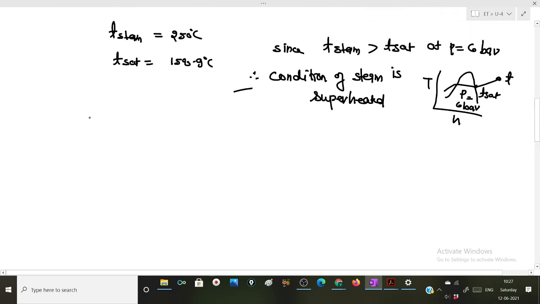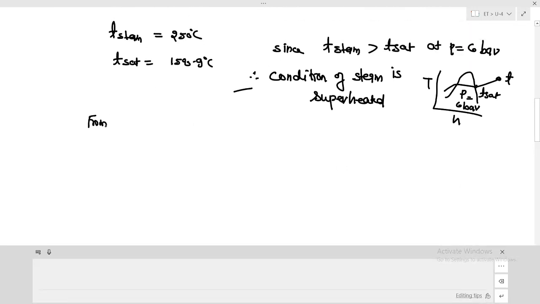So from the definition, what is H total?